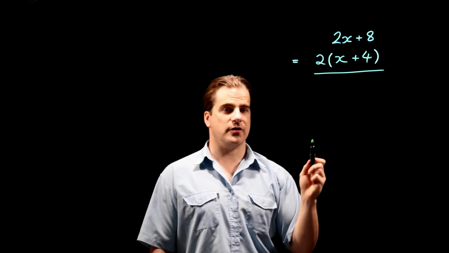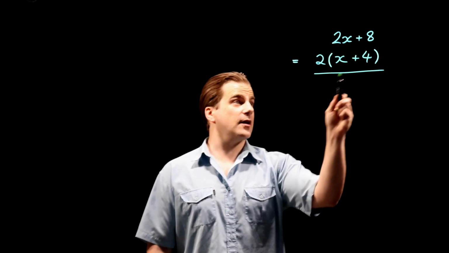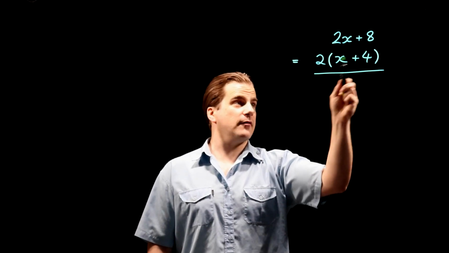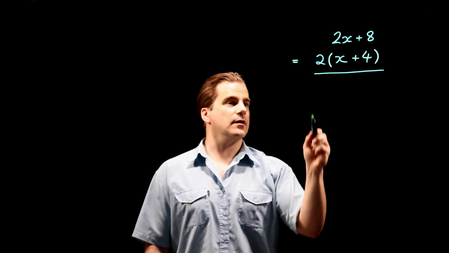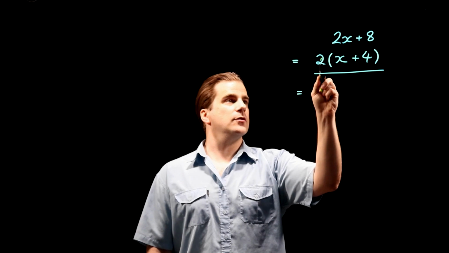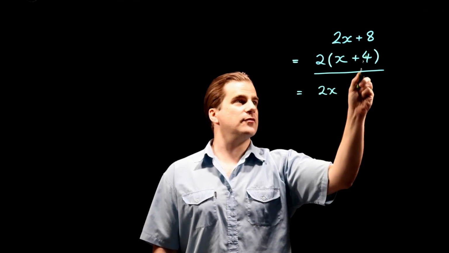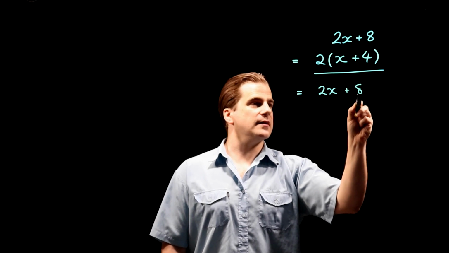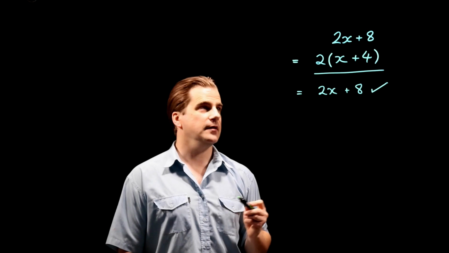And I told you it was the opposite of multiplying out a bracket. I'll prove it. Let's go from here, multiply out the bracket, and we should get the original expression. So 2 times x is 2x, and 2 times 4 is 8. 2x plus 8. Yeah, it works. You see?